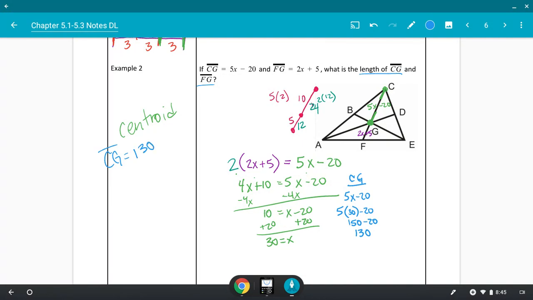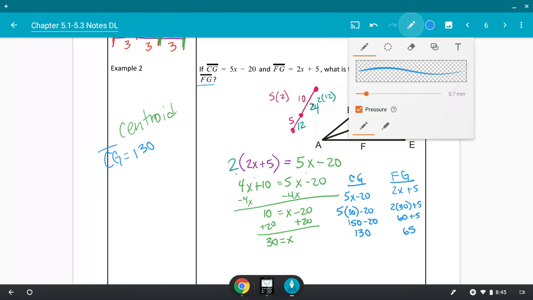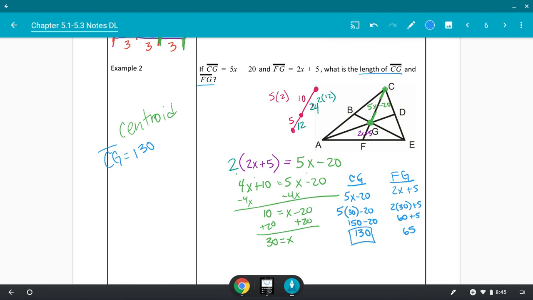So that's 130. And then FG is 2x plus 5, or 2 times 30 plus 5, which is 60 plus 5, which is 65. And you can double check, is this long side double the length of the short side? Yes, it is. So FG is 65.